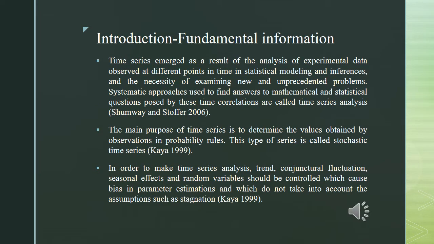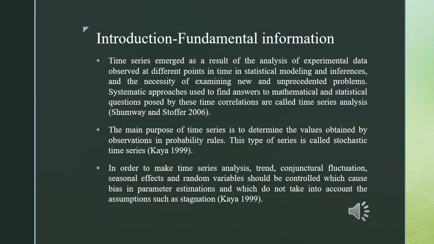Introduction. Fundamental information. Time series emerged as a result of the analysis of experimental data observed at different points in time in statistical modeling and inferences, and the necessity of examining new and unprecedented problems.